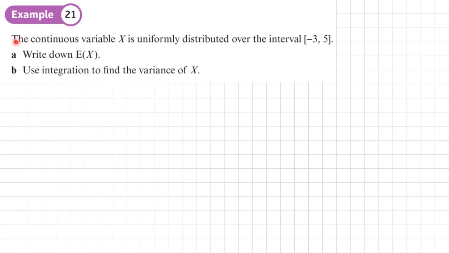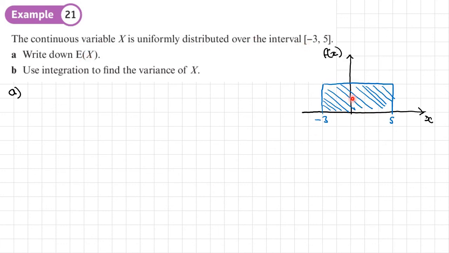Example 21. The continuous variable x is uniformly distributed over the interval negative 3 to 5. Part A, write down the mean of this distribution. Right, so here's my sketch of it. I can use the formula to find the mean. So that's just a plus b over 2.